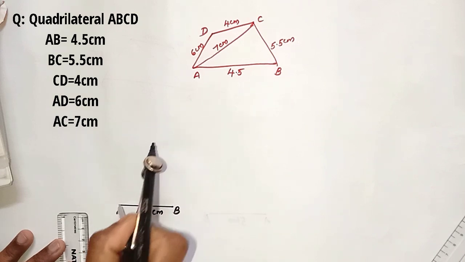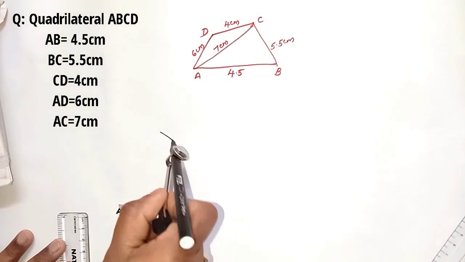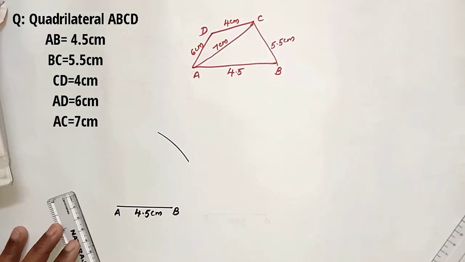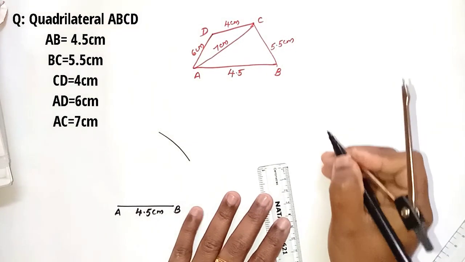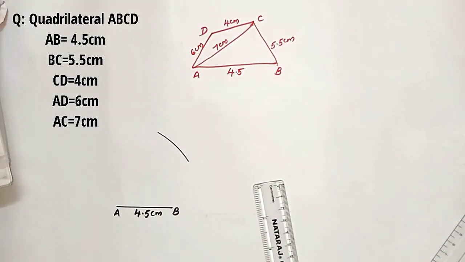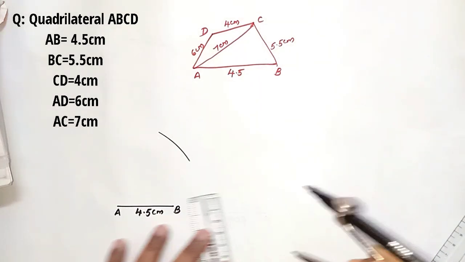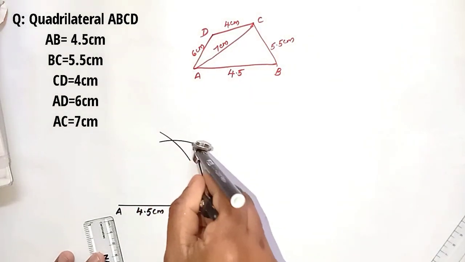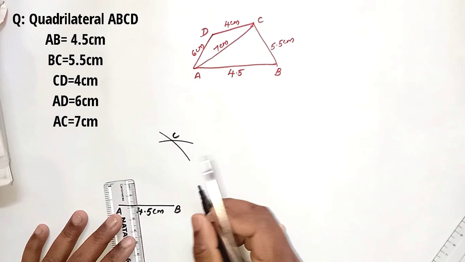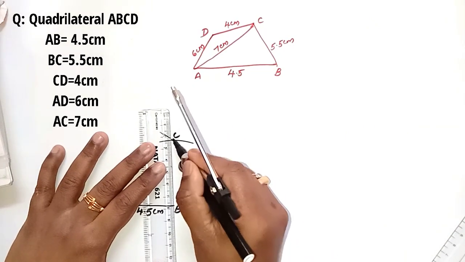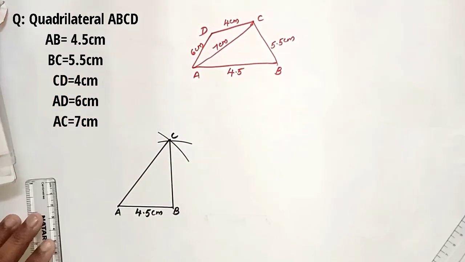Then BC is 5.5 centimeter, so with B as center and radius 5.5, you have to draw an arc. Now this is the point C. Now you can join B and C, and A and C also. This is the triangle ABC.